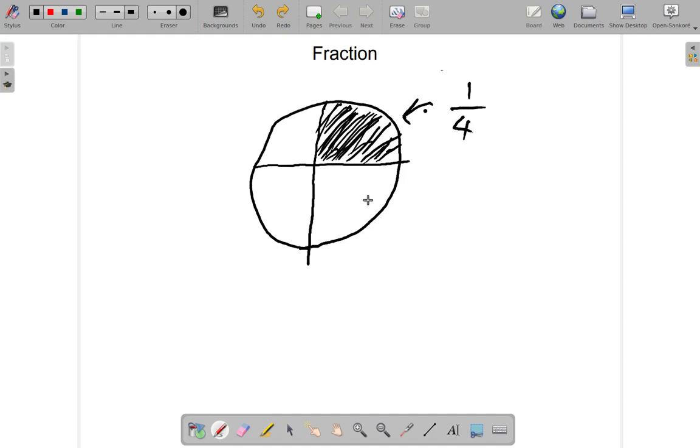Now, if, for example, it's cut into 4 equal parts, and I received 2 out of the 4 equal parts, what I would get is really a half of it.